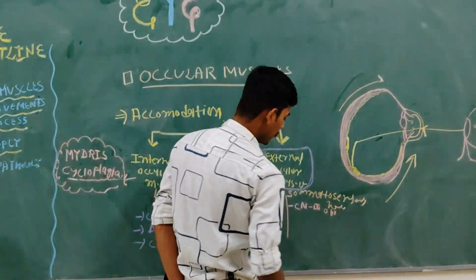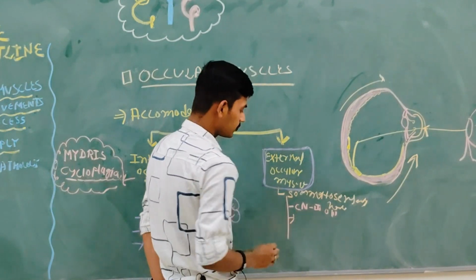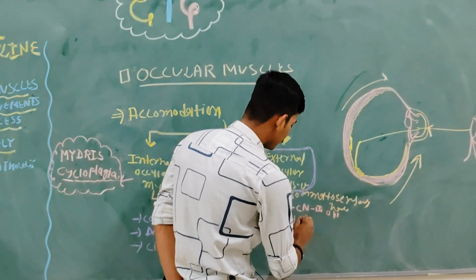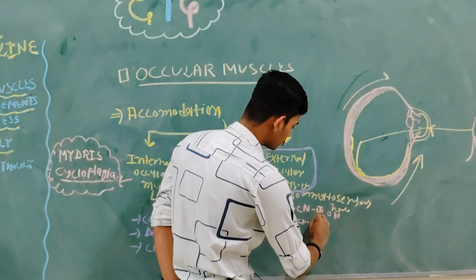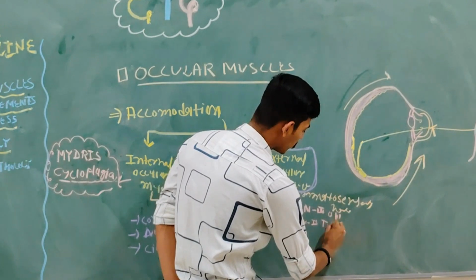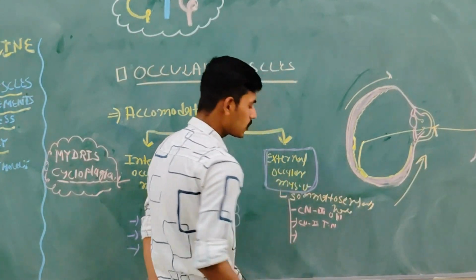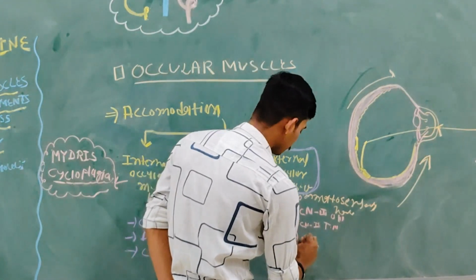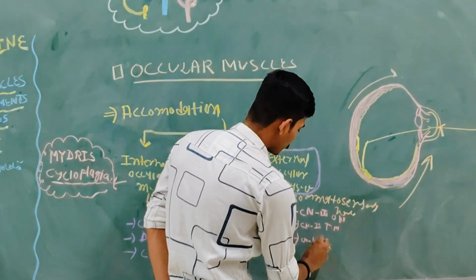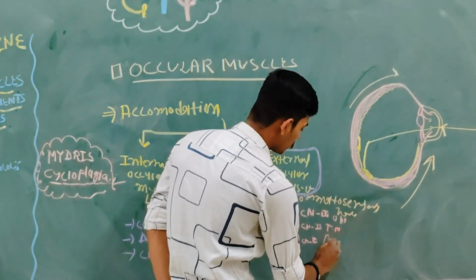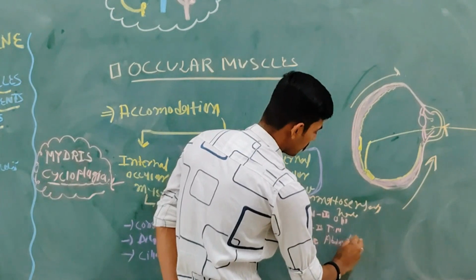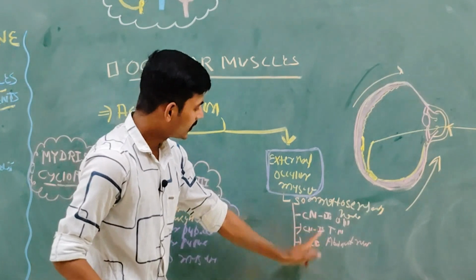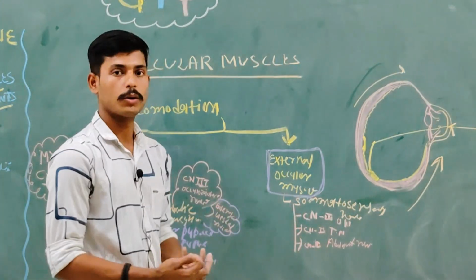Then another cranial nerve which supplies the external ocular muscles is cranial number 4, the trochlear nerve. Then they are also supplied by another cranial nerve, cranial number 6, the abducent nerve. Understood? These three nerves supply the external ocular muscles.